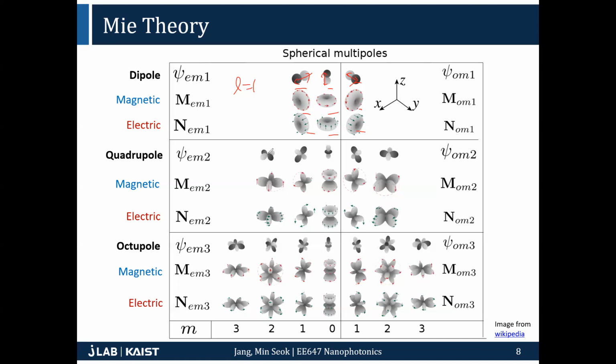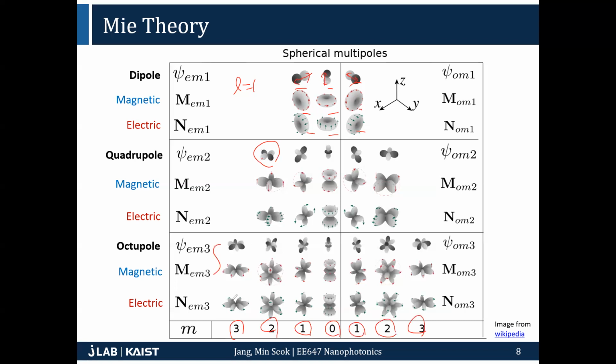And L equals 2 is quadrupole. So you have 4 poles, and because of the oscillation of these 4 poles, your radiation pattern looks like this, depending on different M's.